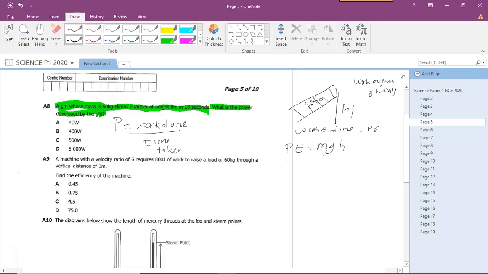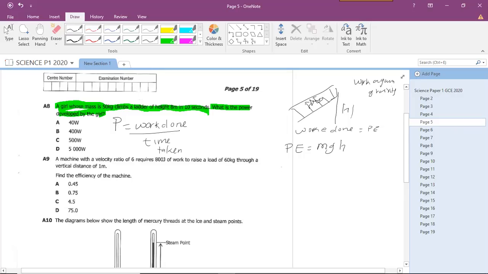So for this question, you have to know two equations. Power is measured in watts, and it's work done over time taken. And you always have to figure out what type of work has been done.